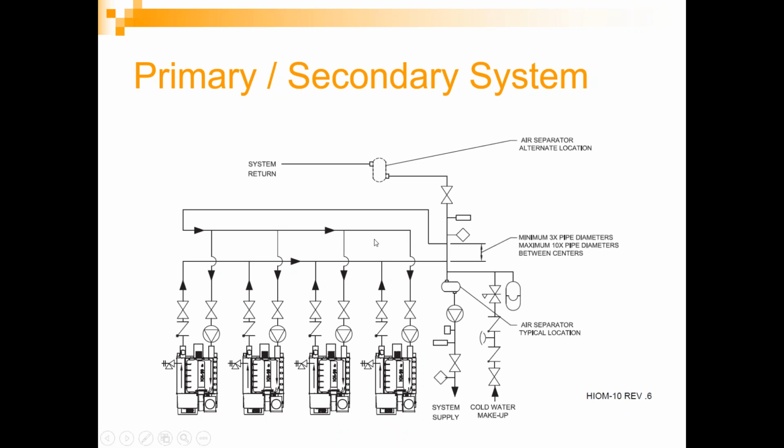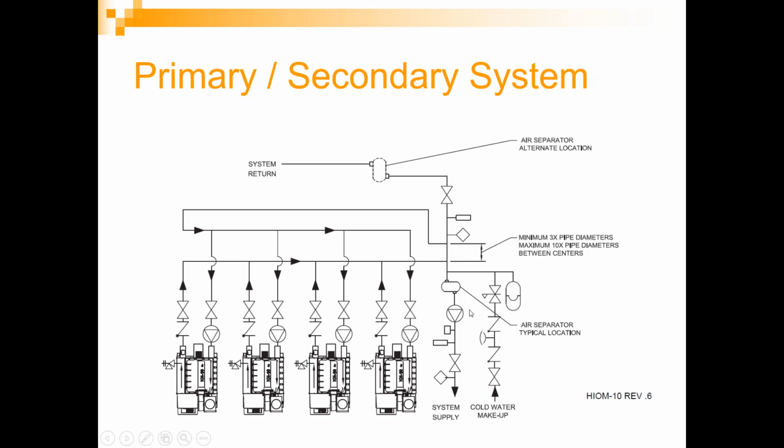Now one of the primary things that you need to take into consideration when looking at primary secondary type piping is your closely spaced piping tees, and make sure that these are actually spaced very close to create what's called a low loss header, or an area of very low pressure loss, so that the flow can go in either direction in this piping here. And this is how a proper primary secondary type configuration is.